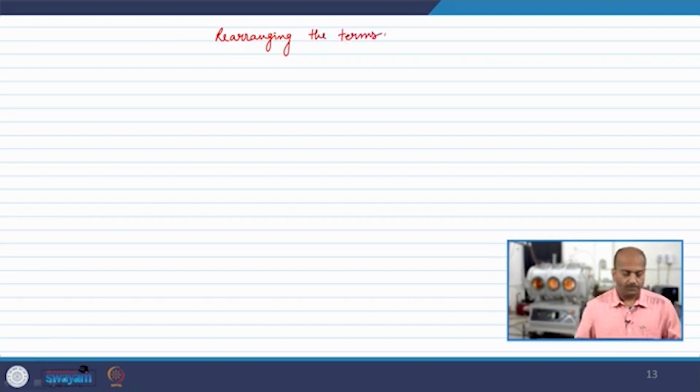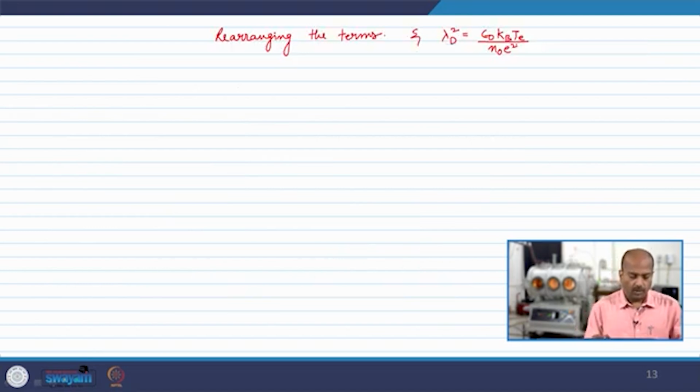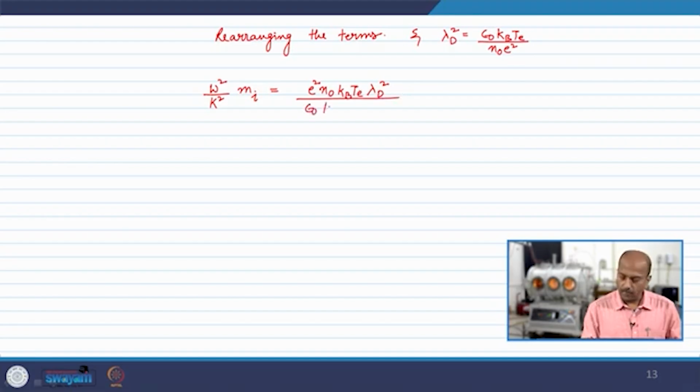Rearranging the terms, and using the fact that lambda d square is epsilon naught kB Te by n naught e square, in this equation we can write omega square by k square mi equals e square n naught kB Te lambda d square divided by epsilon naught kB Te times k square lambda d square plus 1, plus gamma i kB Te.